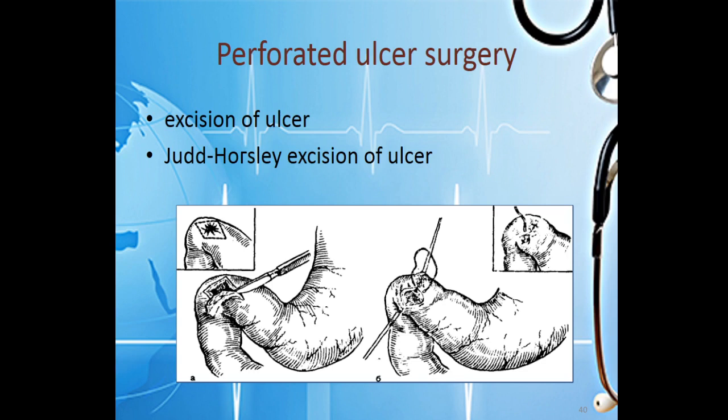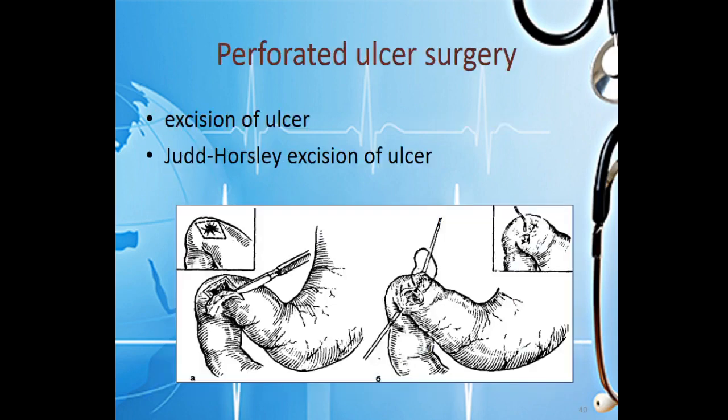We refresh the edges of these ulcers in this rhomboid direction. We cut off the edge of the ulcers. And like a DNA culture, we stitch in a cross direction. This is Judd-Horsley excision of the ulcer. It does not narrow the outlet from the stomach, and we do not cut off the duodenum during this operation.